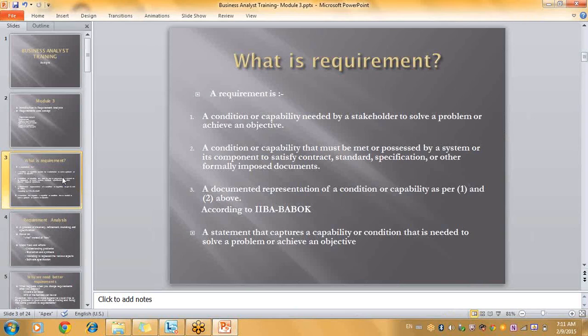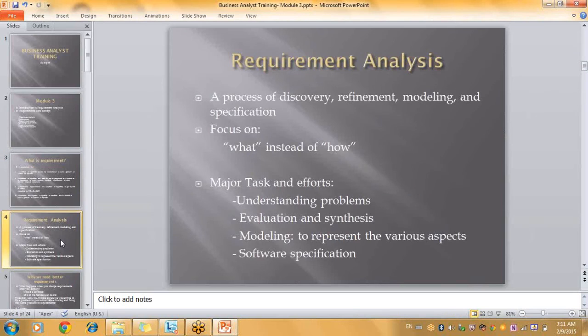Now that we know what a requirement is, next is how we do analysis of the requirement. When we say requirement analysis, once I give you the requirement, for example, the website is downloading slowly.